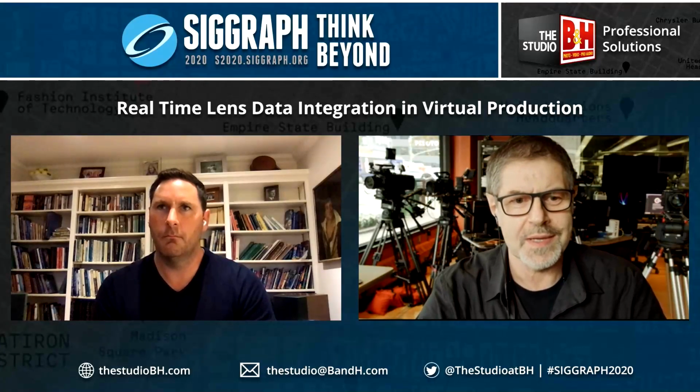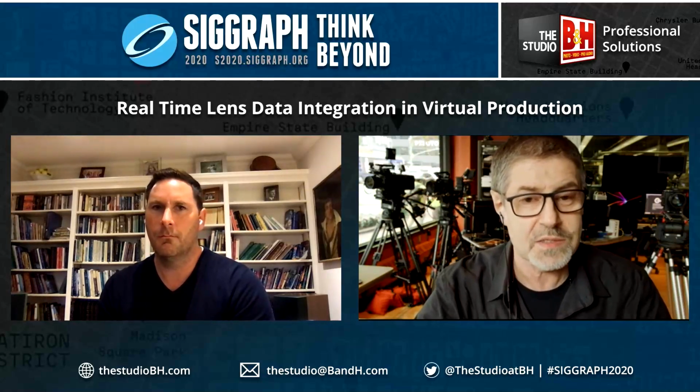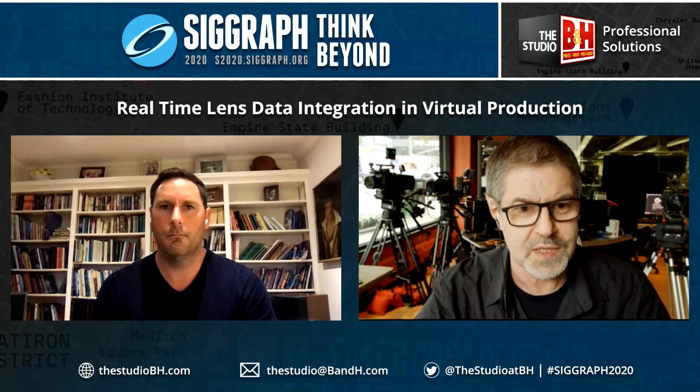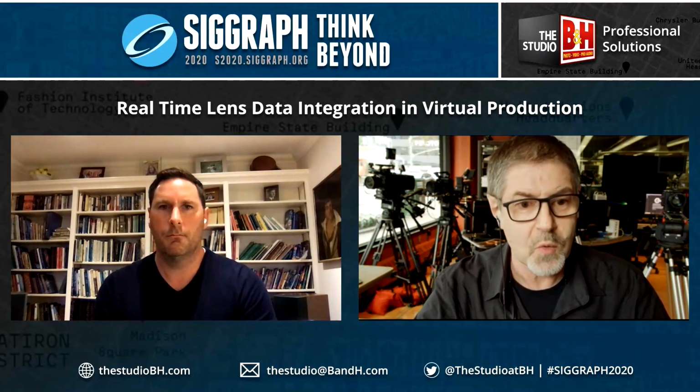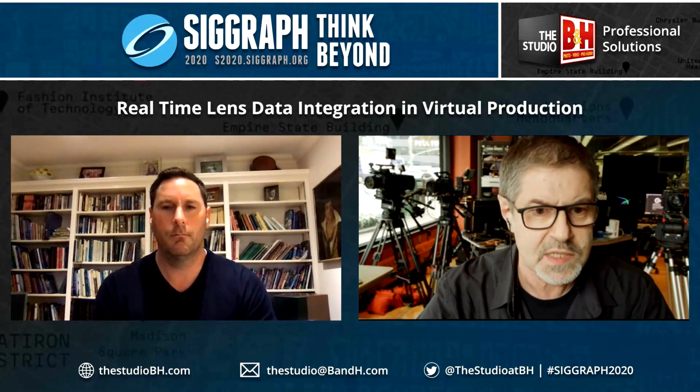So Nic, it's actually a perfect transition. Your world is real-time camera tracking. So when we say real-time camera tracking, there's all the optical elements that are actually being captured through the lens, which is really the key aspect of reproducing a hyperreal or a matched environment to what the camera actually sees.